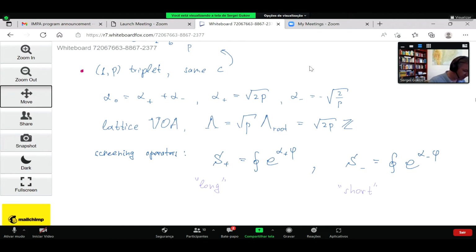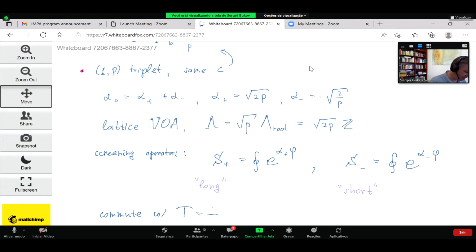The screening operators commute with the stress energy tensor, or conformal vector, whichever notation you prefer, that generates Virasoro. So they commute with T, and the explicit form of T is the following.